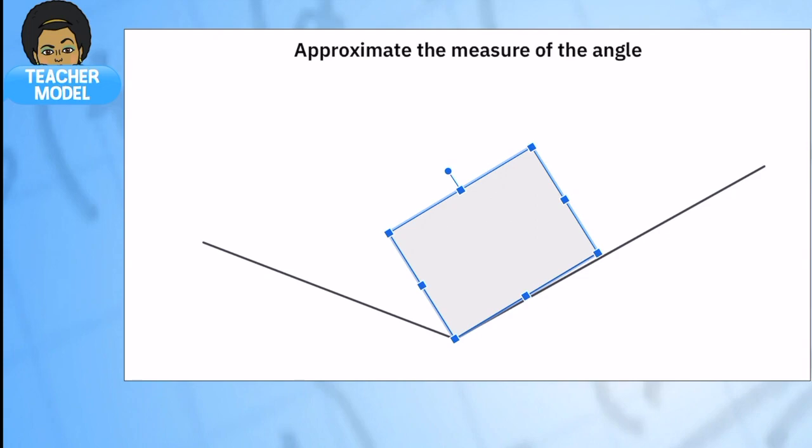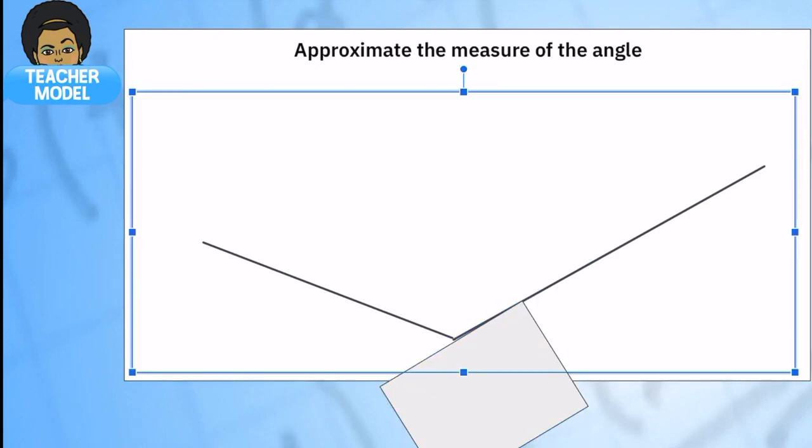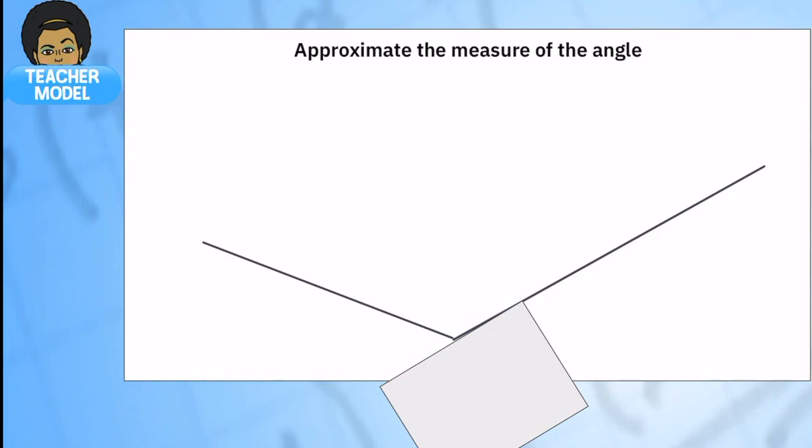Now, how much bigger is it? If this is a straight angle going all the way across, it looks like it's a little less than halfway between 90 and 180.